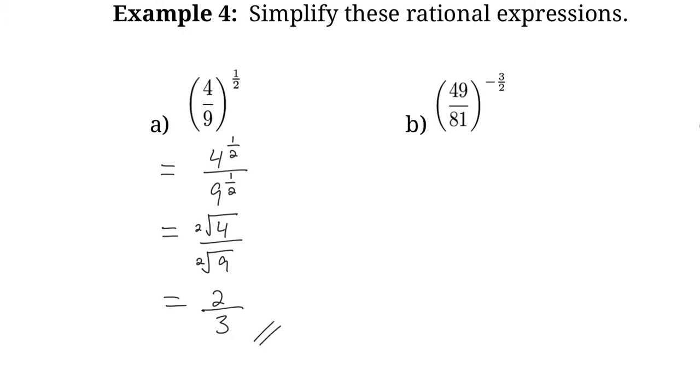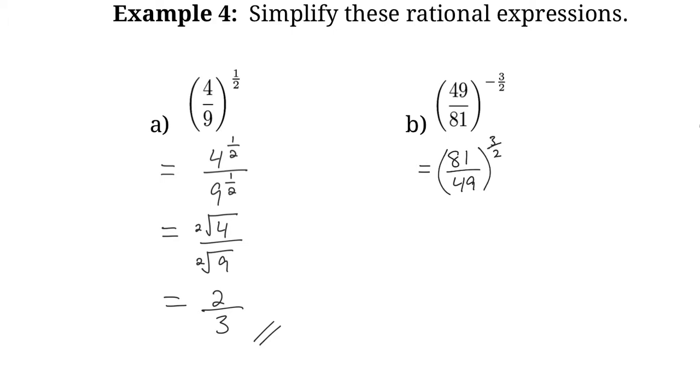And in the next one, we have 49 over 81 to the power of negative 3 over 2. Now our first step could be to change this exponent into a positive exponent, and we would do that by using the reciprocal of this fraction right here. So this is just the same thing as 81 over 49 to the power of 3 over 2.